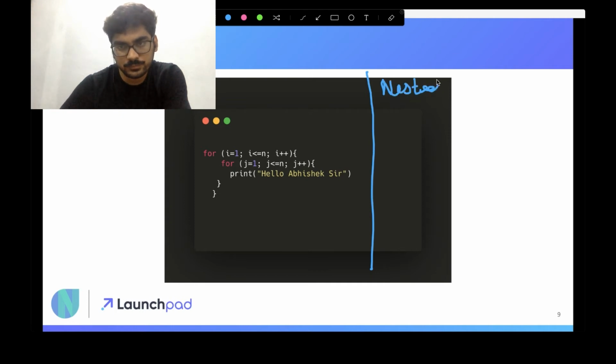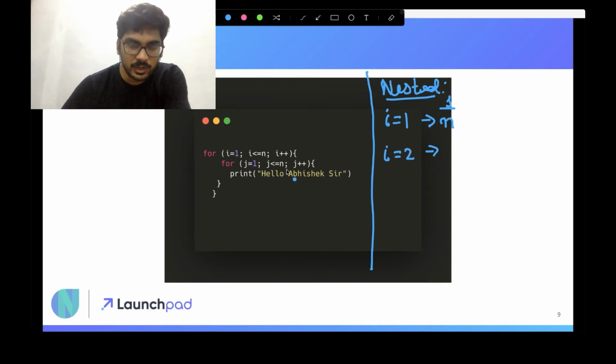Let's have a look. So see, first let's suppose the value of i is 1. For the value of i is 1, how many times will the j loop run? The j loop will run for n times, 1 to n, right? When i is 2, the j loop will again run for n times.